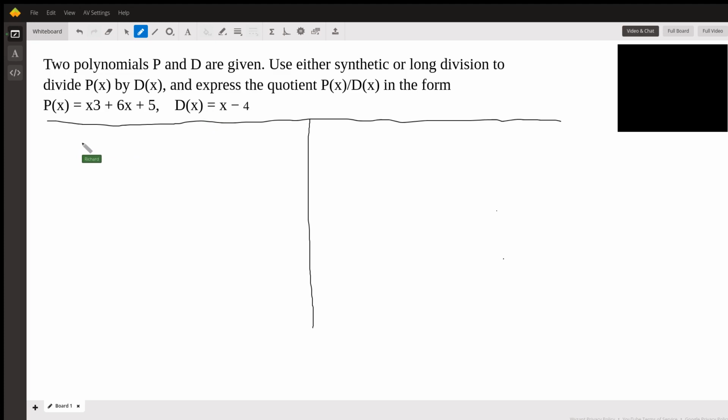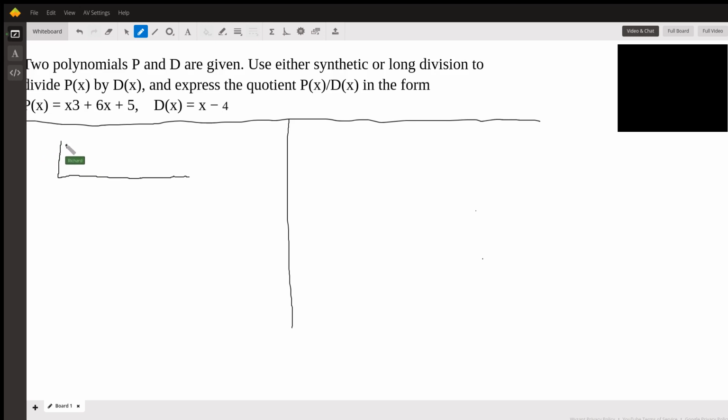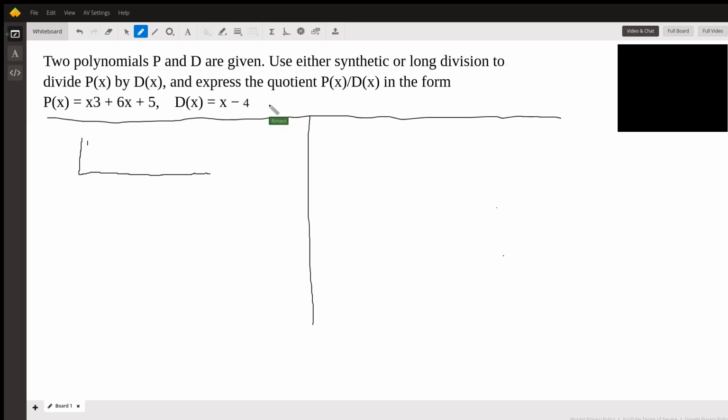So you start by making a little corner, and if x minus 4 is a factor, then positive 4 is the zero.